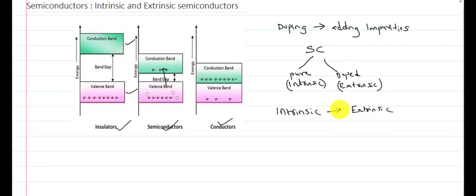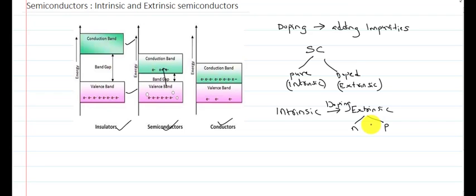The extrinsic semiconductors can again be classified as N-type and P-type semiconductors, depending upon the impurities we are adding.